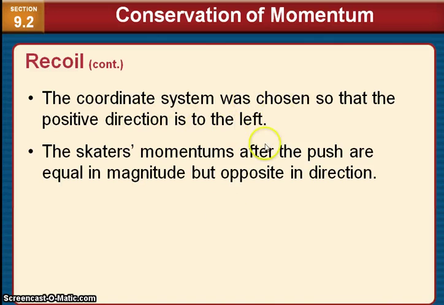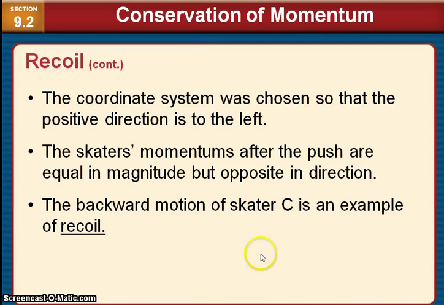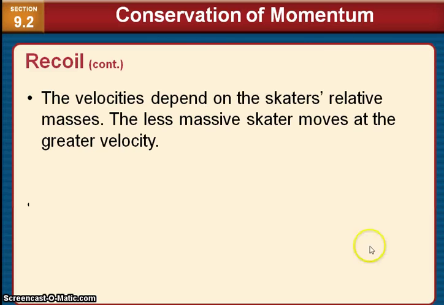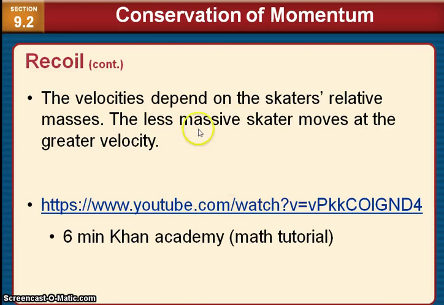Remember your coordinate system. Don't need to write this down, it's okay. Velocities, though, depend on mass. The less massive one will go farther because it's going to have a greater velocity. They had less mass. You can demonstrate that. We saw it with the bocce balls.